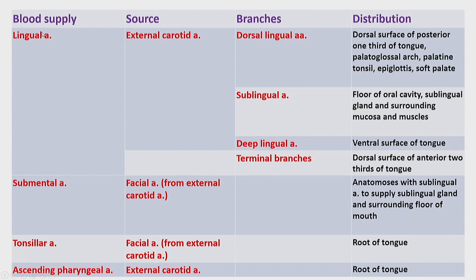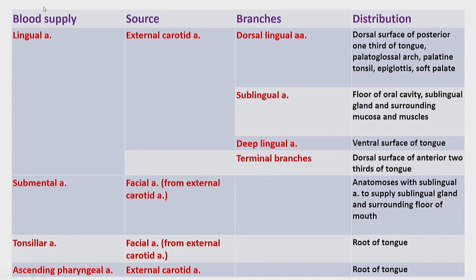The lingual artery is the main source, a branch of the external carotid artery, and itself it gives 3 branches: the dorsal lingual in the dorsal aspect of the tongue, the sublingual in the floor, in the region of the sublingual gland, and the deep lingual, which supplies the ventral or inferior aspect of the tongue. It also has terminal branches that enter the dorsal aspect of the tongue and supply the anterior 2/3 of the tongue.